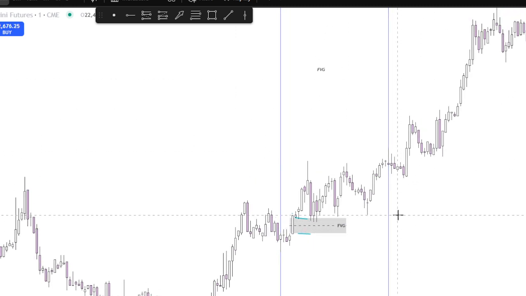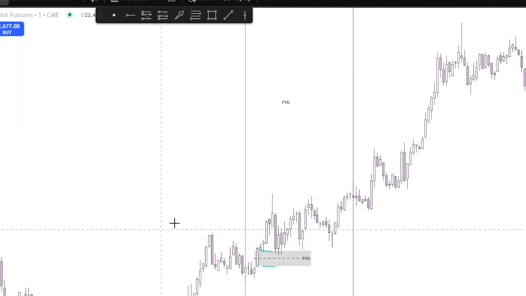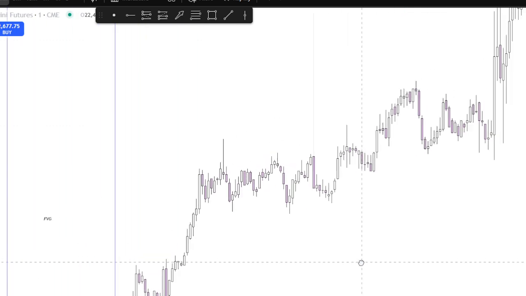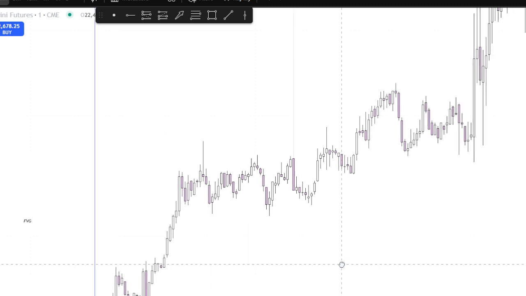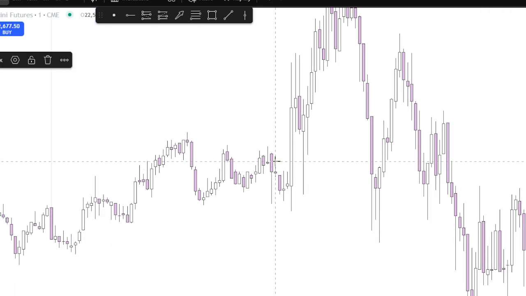And I can show you an example of what is not a fair value gap. I can definitely find one pretty easily. Oh, here. So, three candle formation: down candle, up candle.